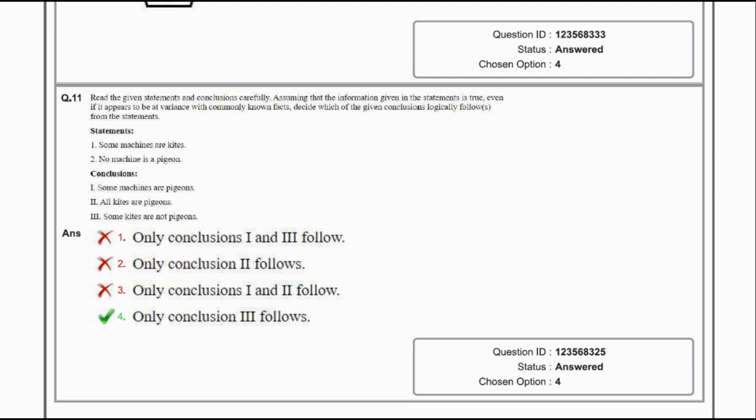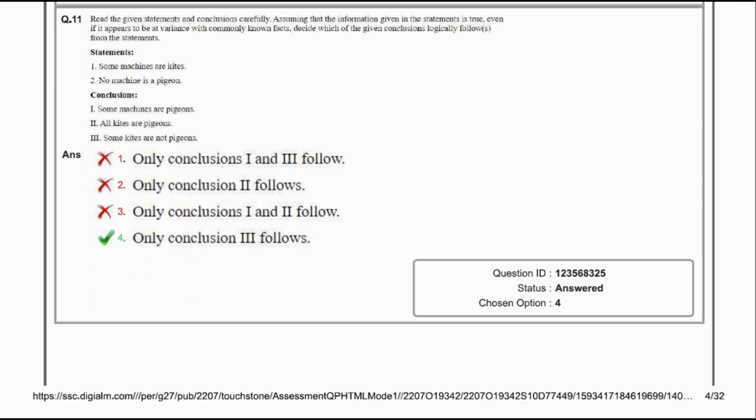So only conclusion third follows. As some machines are kites, and no machine is a pigeon, so some machines are pigeons is incorrect. All kites are pigeons is incorrect. So no machine is a pigeon, so some kites are not pigeons. So option 4 will follow, because kites are not pigeons, as mentioned in the statement, no machine is a pigeon.